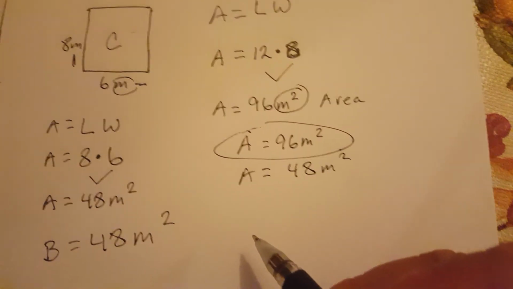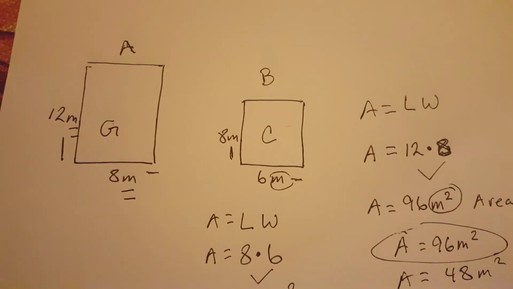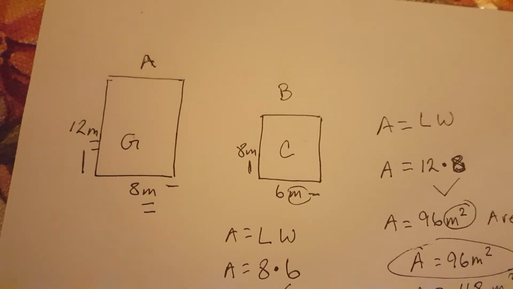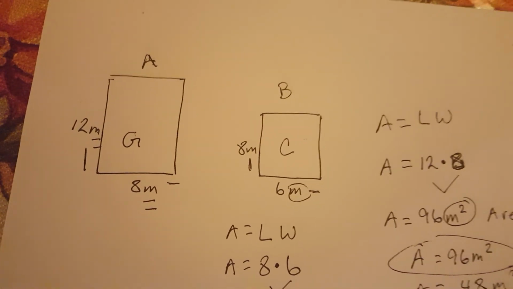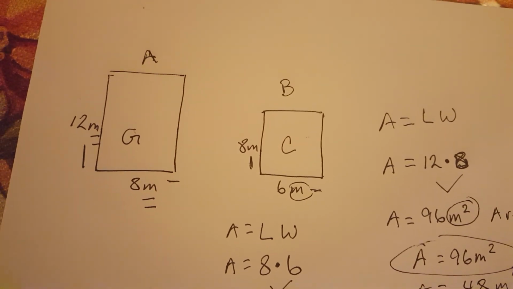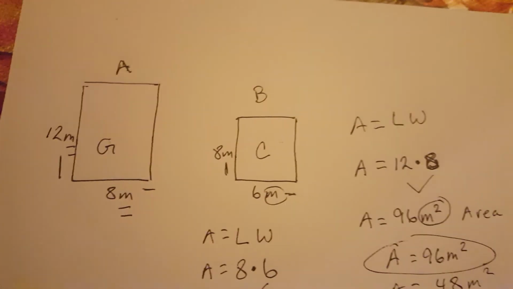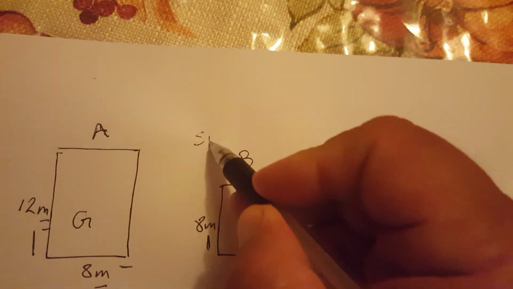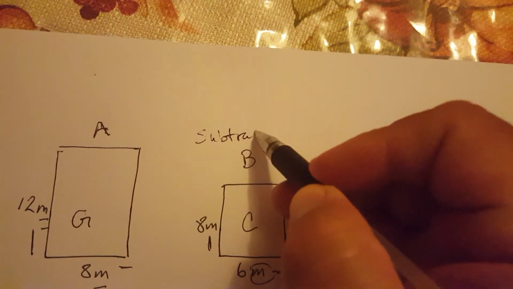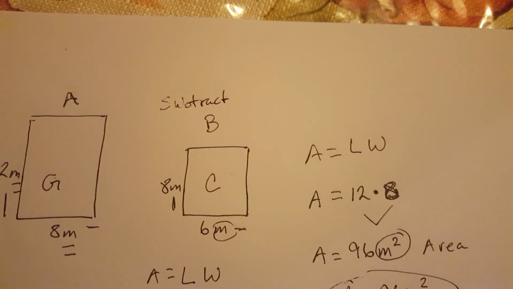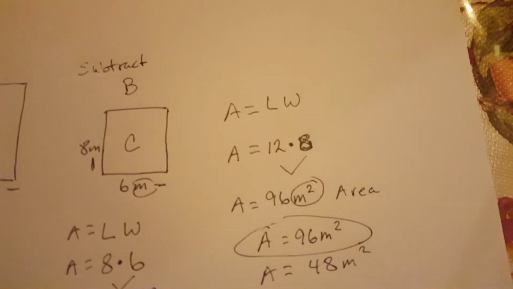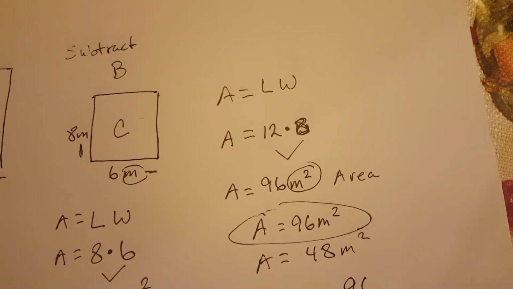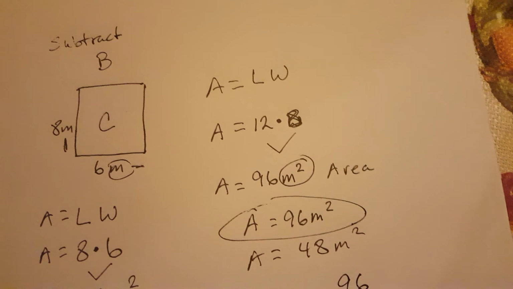Now, what I asked was, what is the difference between the two rectangles when it comes to area? So when we think of difference, the term or the word difference, we know automatically that means subtract. Okay? So from there, we have to subtract 48 from 96.